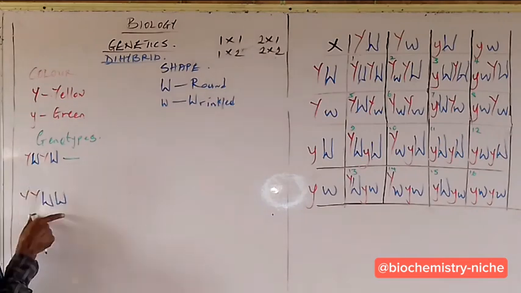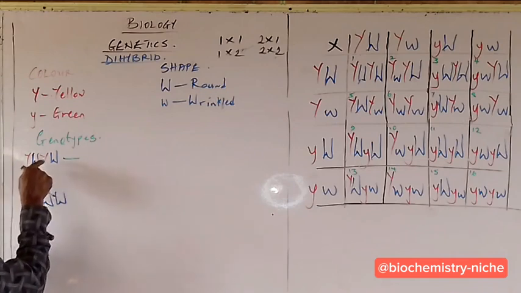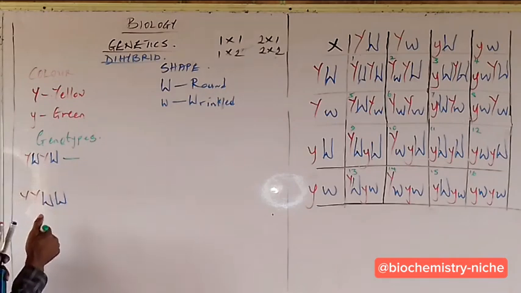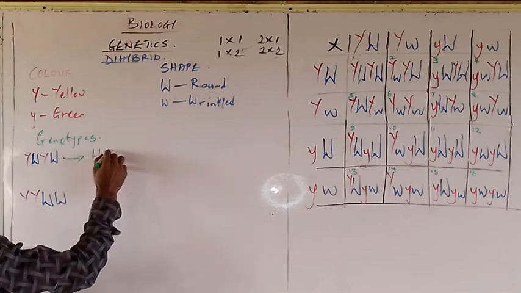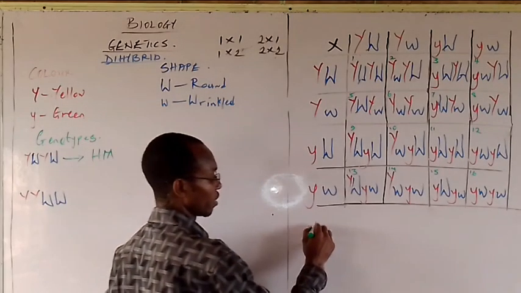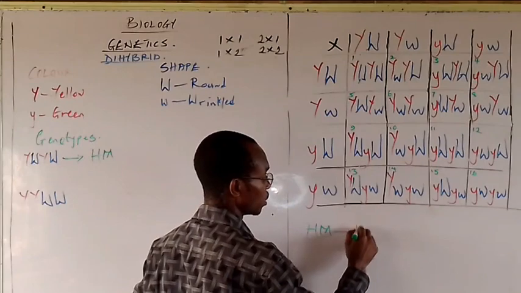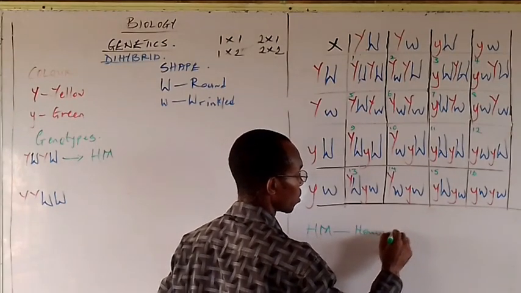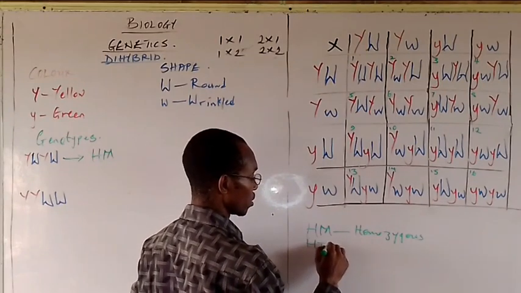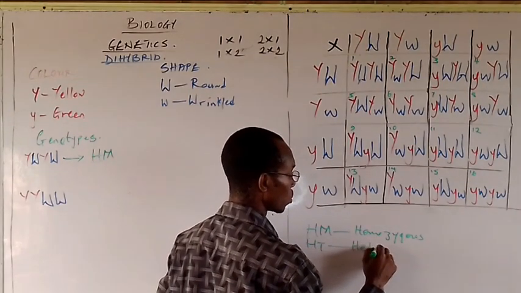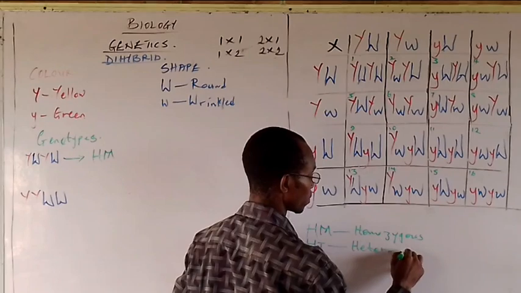So that is how we do all of the possibilities. So capital Y, capital W is going to give us, permit me to use this, HM here. HM is homozygous, while HT is heterozygous.